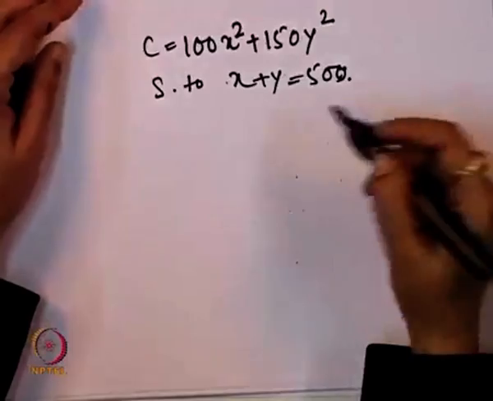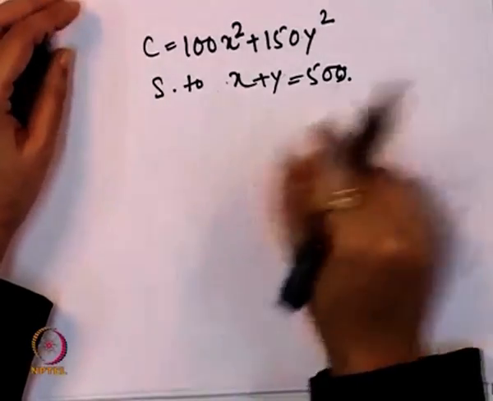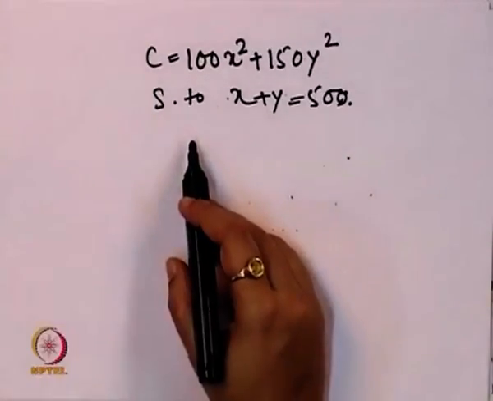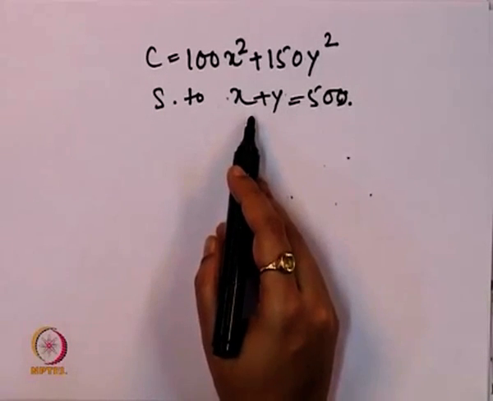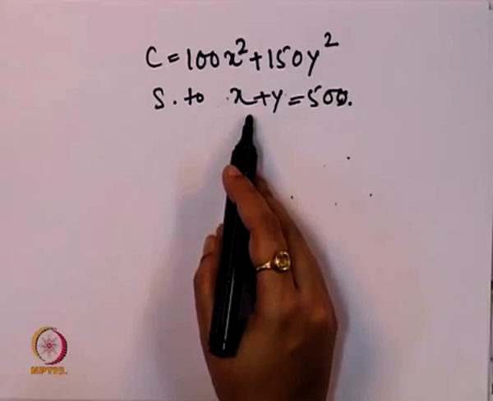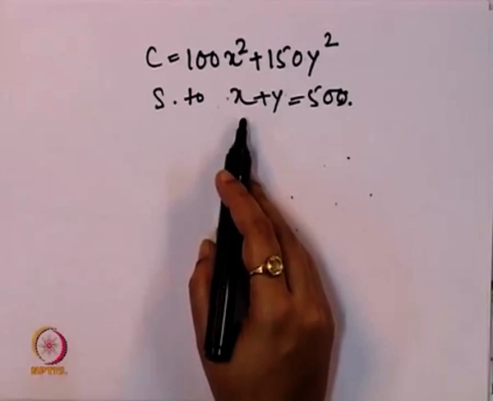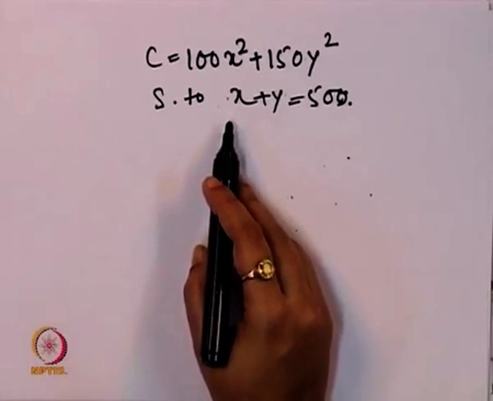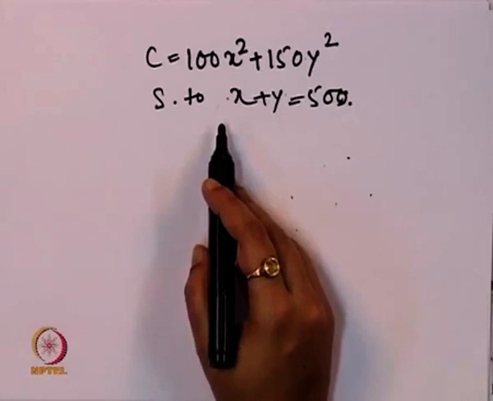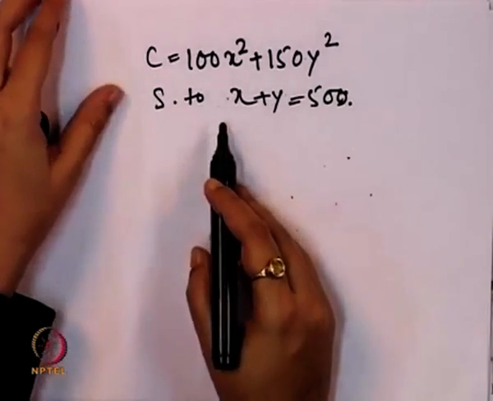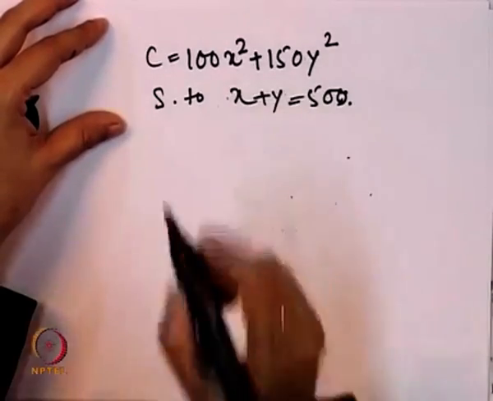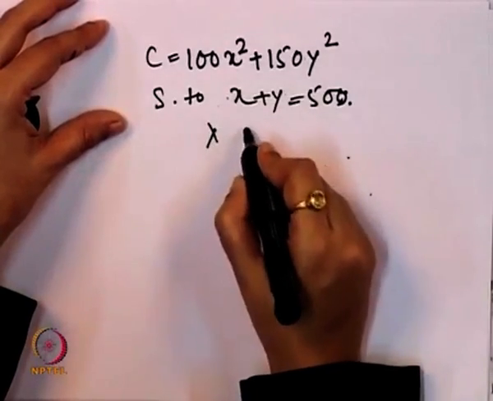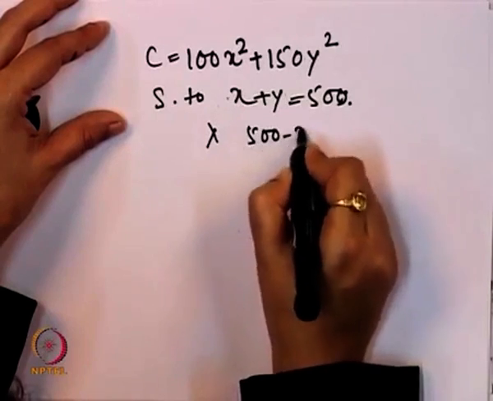Okay. Now, in the Lagrangian method, what is the first step? The first step is to get the Lagrangian function from the constraint equation, then again form a cost function adding the Lagrangian multiplier. So, in this case, the Lagrangian function is lambda times 500 minus x minus y.